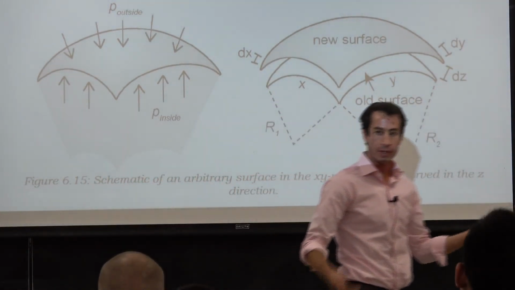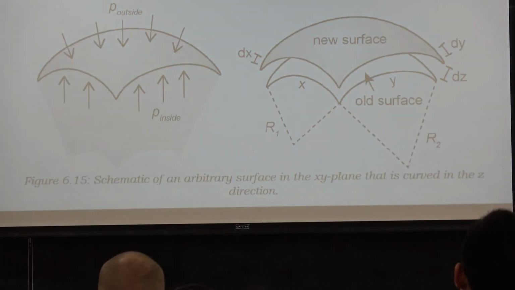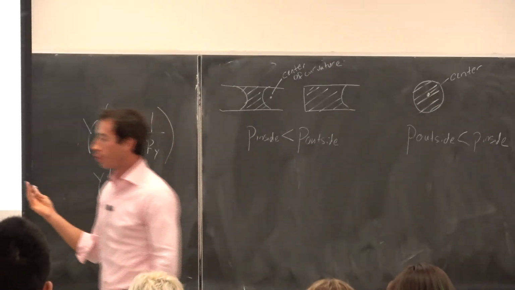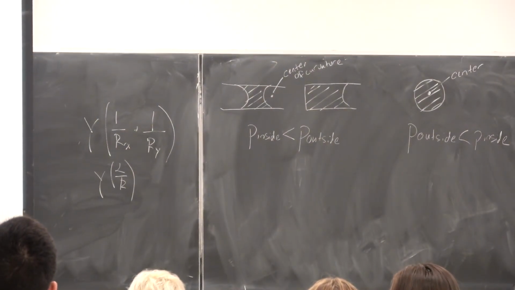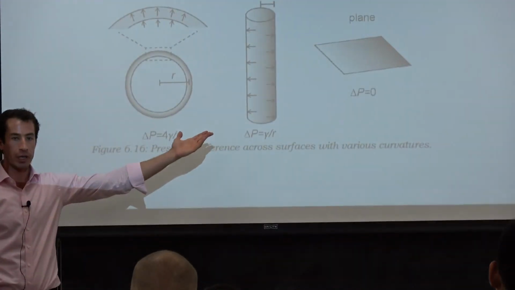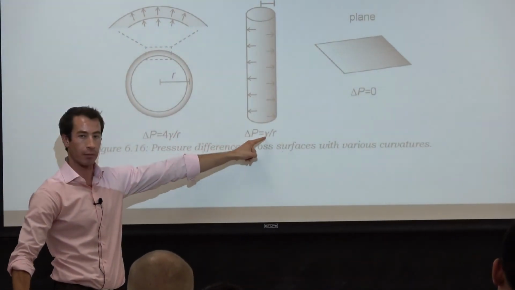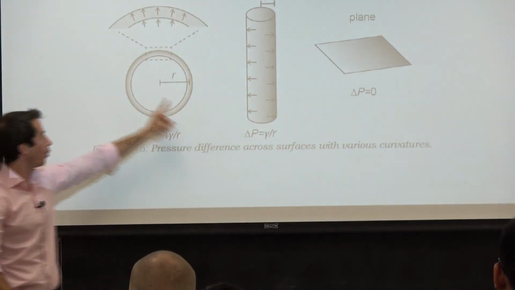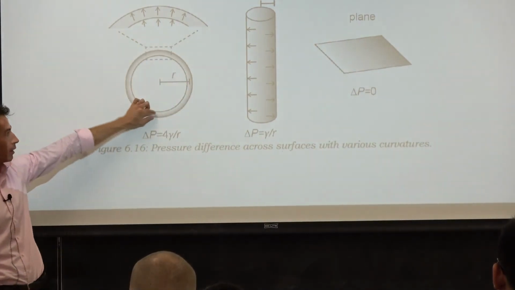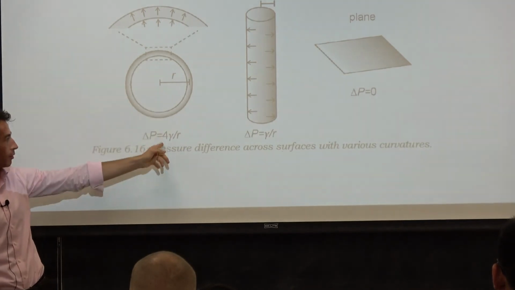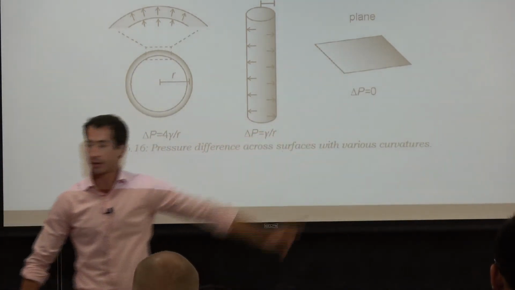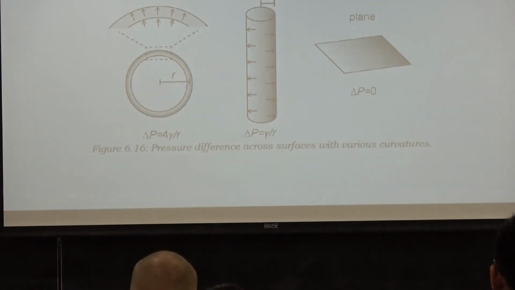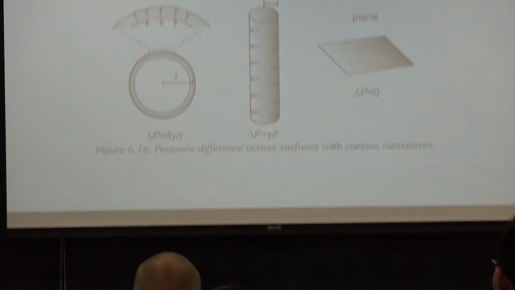And so if it's a sphere, Rx and Ry equal each other, and this is 2 gamma over R. But in a pore-like system, you only have one dimension, and that's why it becomes this, okay? If you have this kind of membrane, where this is hollow in the interior, this becomes 4 gamma over R. And a flat surface is like that. That's why I think it's more correct to drop that 2 there, because we are considering a pore.